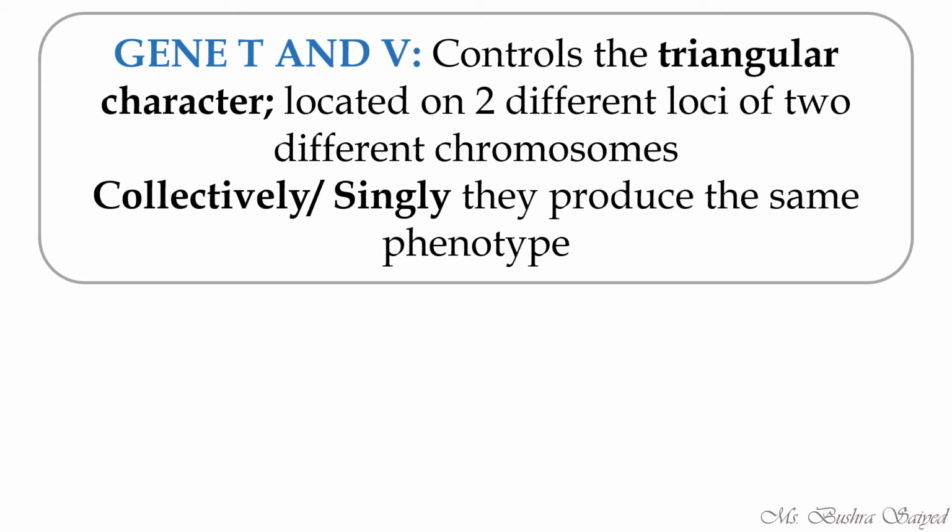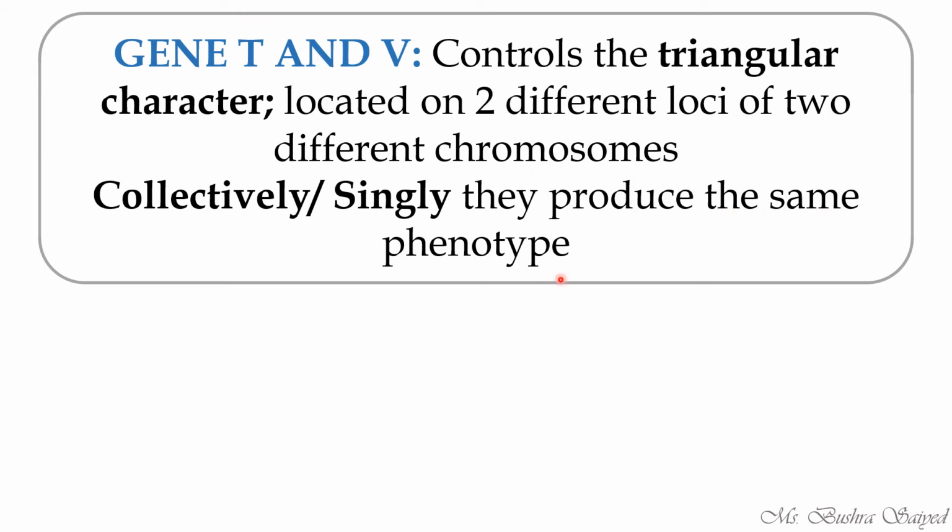Still they give rise to the same phenotypic trait. So suppose we have the dominant genes T and V, which control the triangular character, located on two different loci of two different chromosomes. Singly or collectively, it means if there is only one dominant gene, or both of them, they will give rise to the same phenotype.